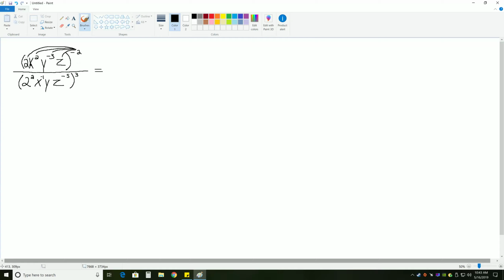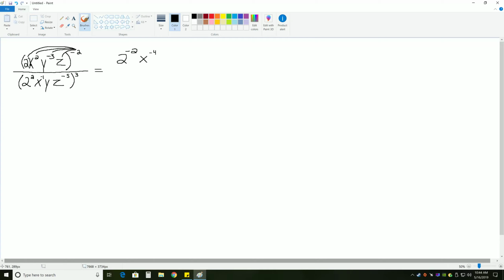And when we distribute it to each exponent, we're multiplying it to each exponent. So in this case, 2 is really 2 to the first power. So when we distribute that negative 2, meaning we multiply it to that first power, we will get 2 to the 1 times negative 2 is negative 2 power. And again, we're going to distribute it to this square. So 2 times negative 2 will give us x to the negative fourth power.